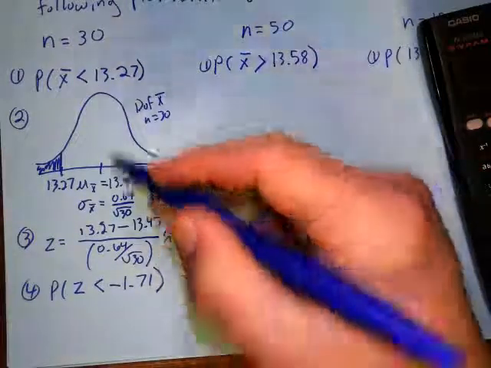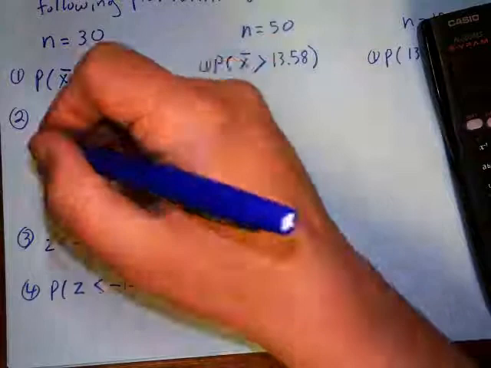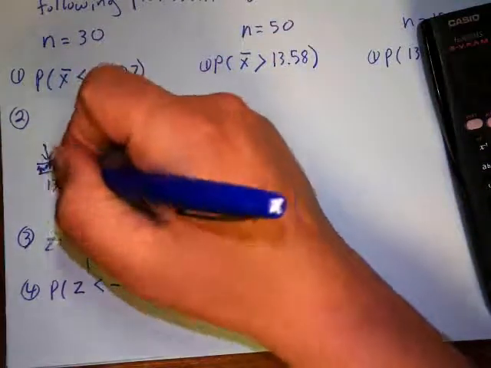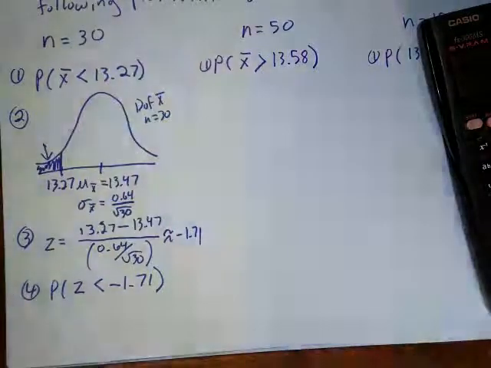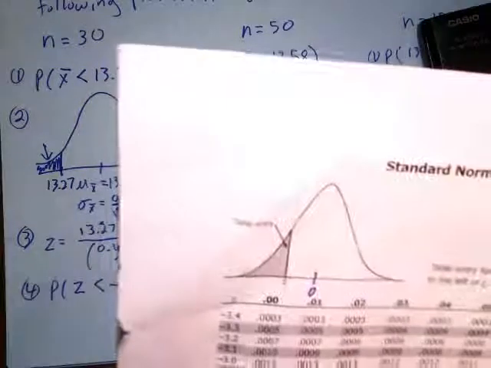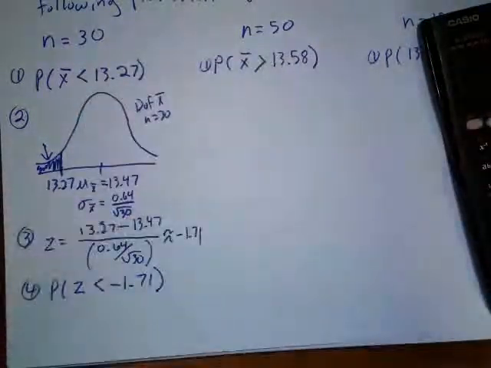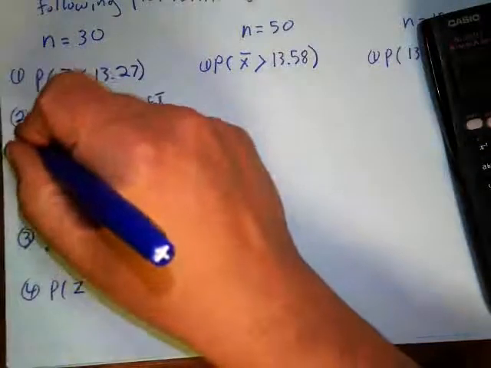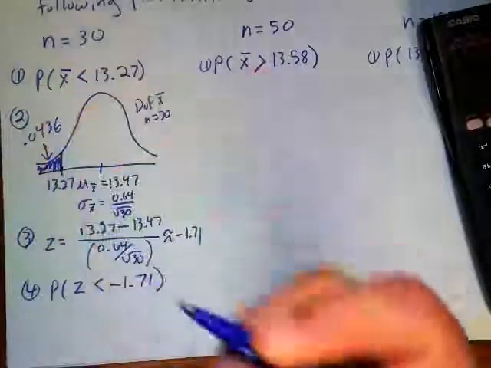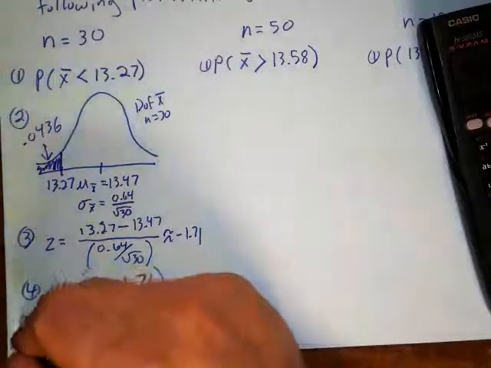So this is a less than probability. That's the first case where all I've got to do is look it up on the table, and the area on the table is my desired probability. So I look up negative 1.71, and it looks like I get 0.0436. And that will be my final answer for this one.